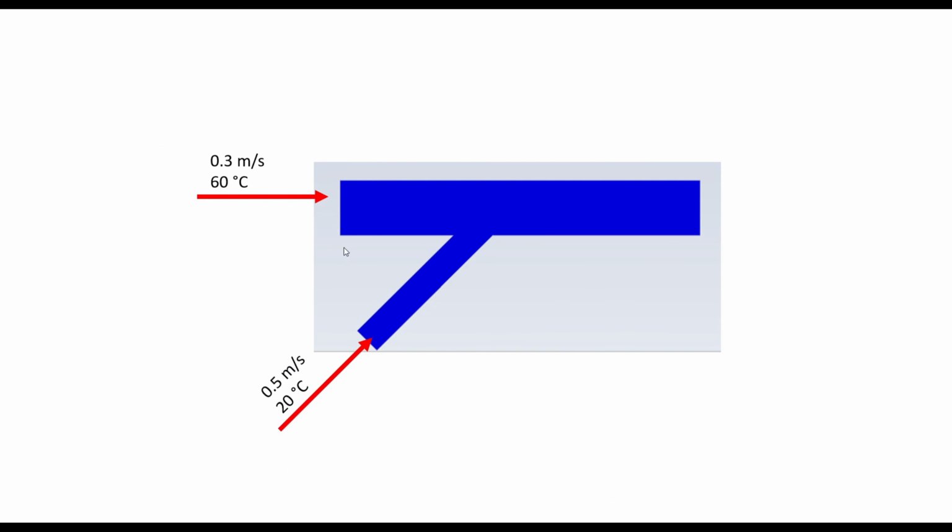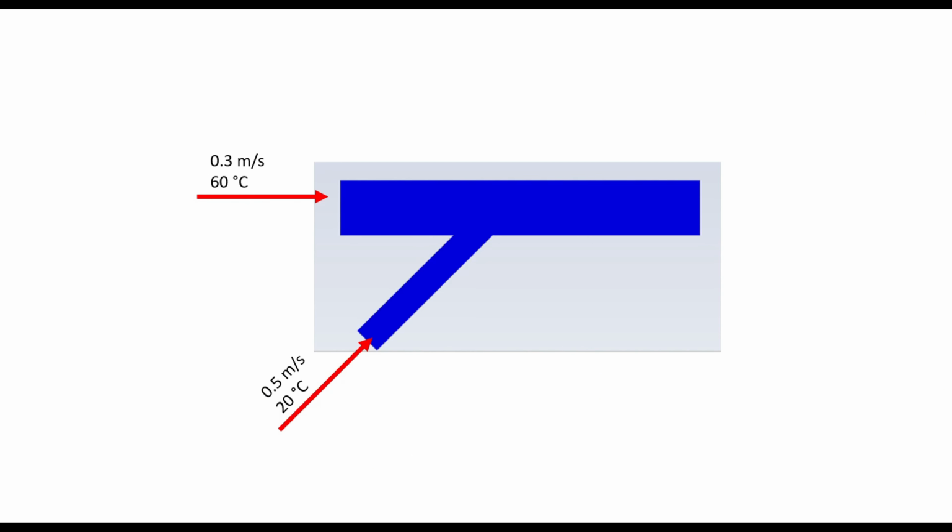We want to simulate fluid entering the main pipe at a velocity of 0.3 meter per second at 60 degrees, and from the branch at 0.5 meter per second at 20 degrees Celsius. And we want to see the mixing of these two streams. We will write a journal file so that we can change these two boundary conditions, and we can also simulate with the same journal file.